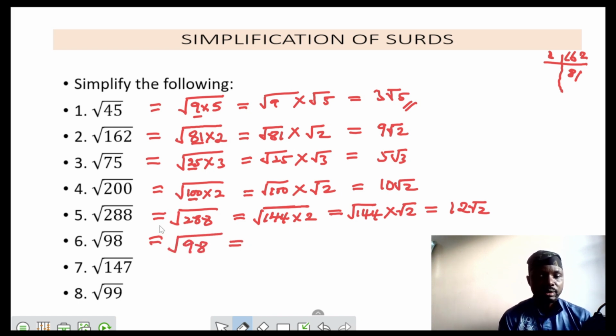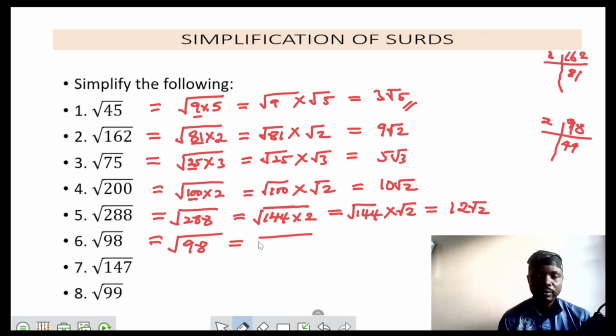Now root 98. Root 98, same thing. If you don't know what to do, see, I have 98. What can go in 98? 2 can go. 2 in 98 to give me 49. You see, and 49 is a perfect square.